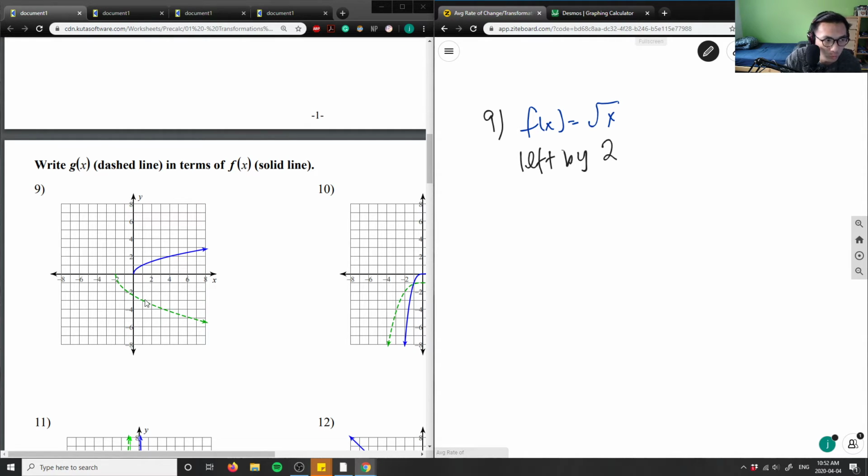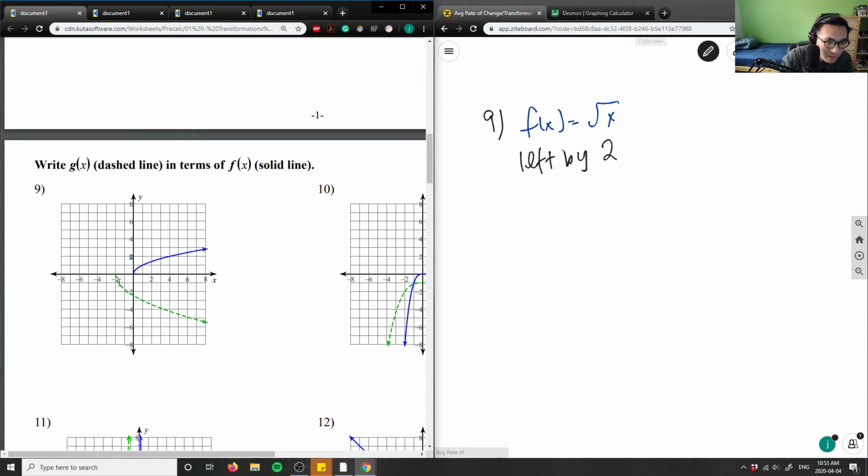Because I'm not really moving more horizontally, but I can see that I'm stretching this way as well. It looks like it's increasing much faster than this one here. And then let me take 2 points to verify that. So this is 1 here, and my 1 in this case is 1.